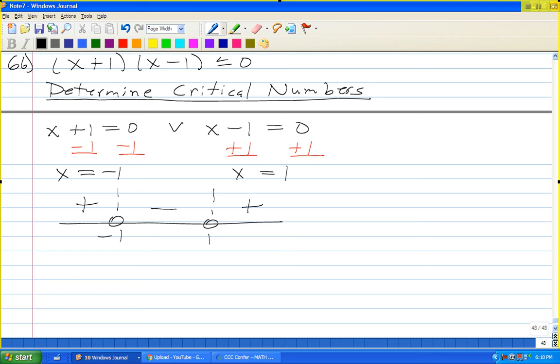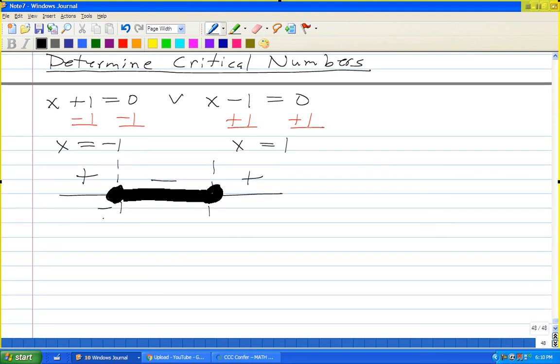We want this to be less than 0, so you fill in where it's negative. And you have that it's strictly less than 0. So you do, oh no, it's less than or equal to. There's an equal there. So you fill in each of the critical numbers. The only time you don't fill in a critical number when you have an equal sign is if the expression is not defined at that particular critical number. And so the answer is the closed interval from negative 1 to positive 1.